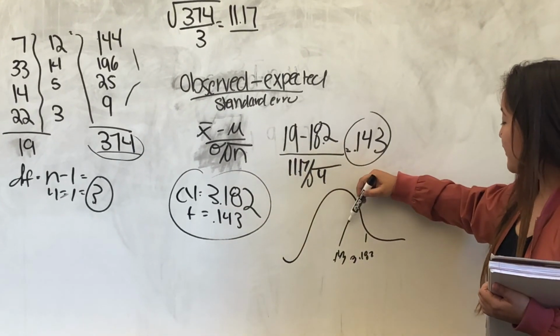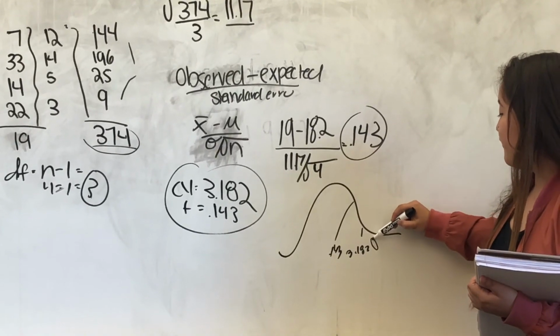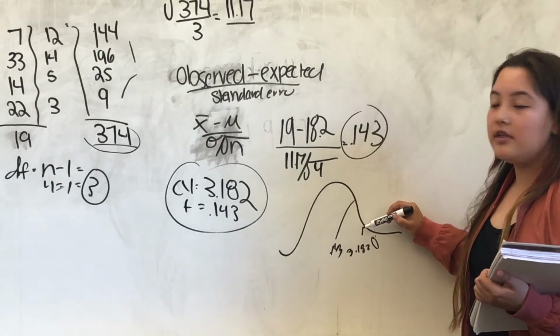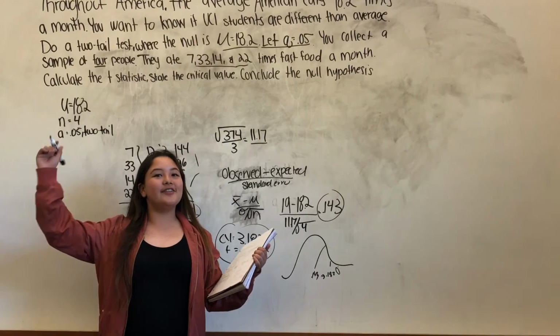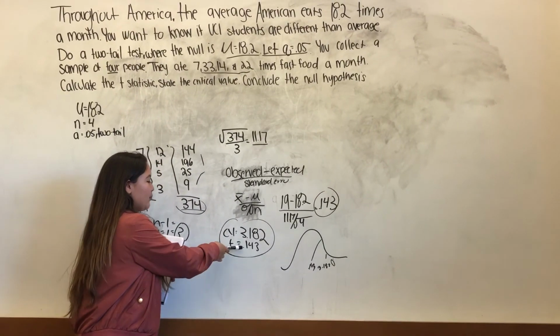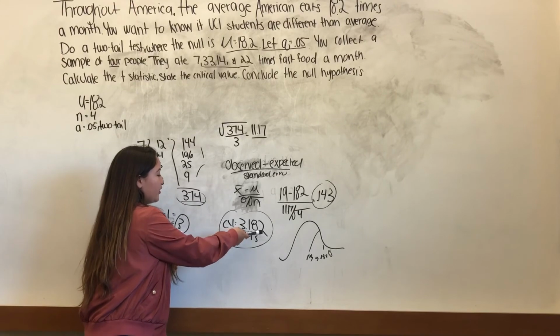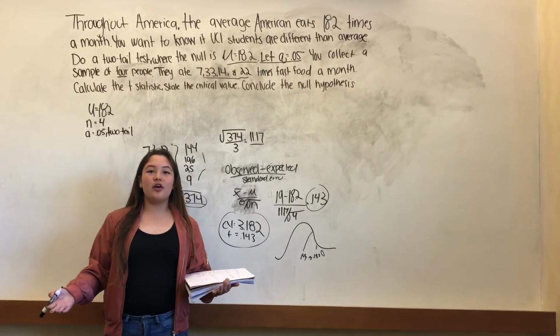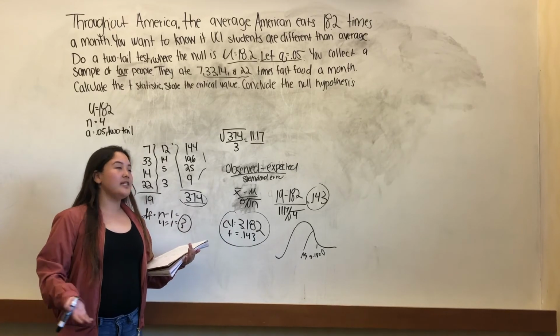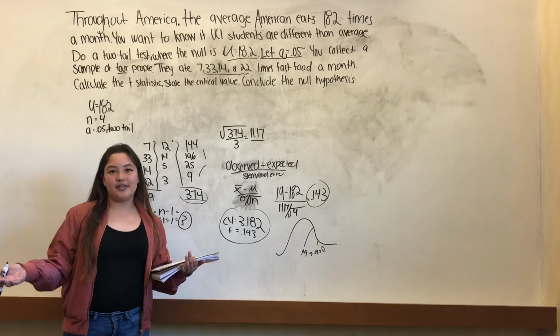Because the t-value doesn't fall within the significance level, we fail to reject. So in conclusion, the t-value is 0.143, the critical value is 3.182, and we're failing to reject the null hypothesis, which means we cannot conclude our hypothesis.